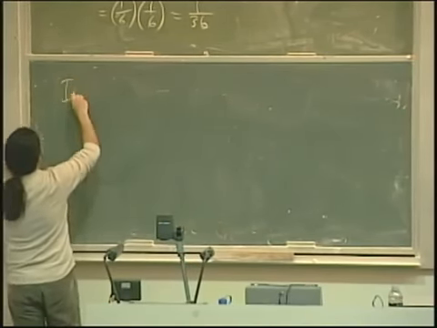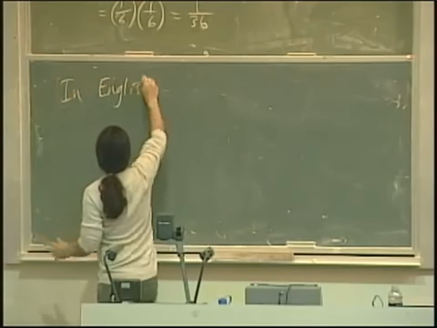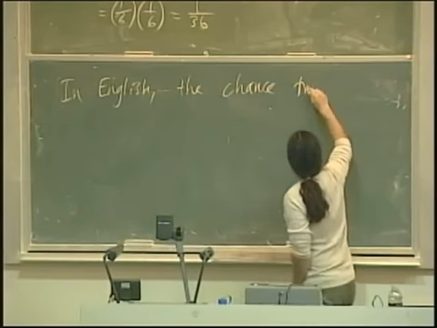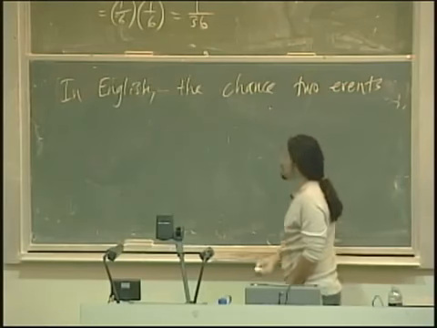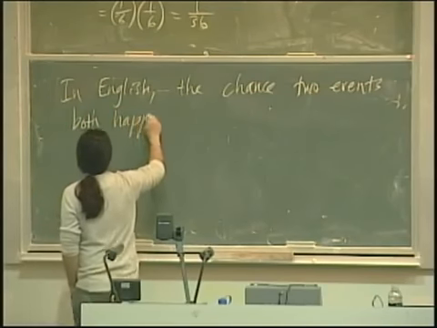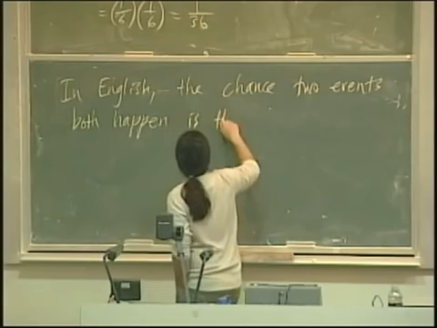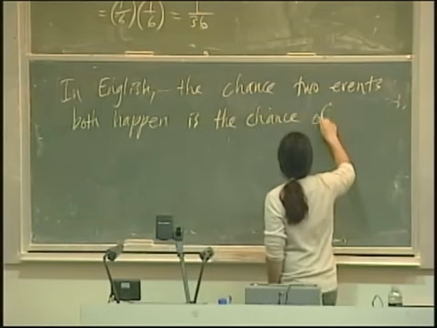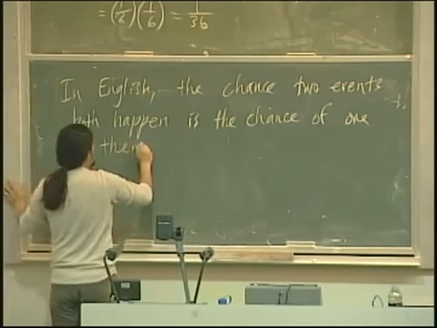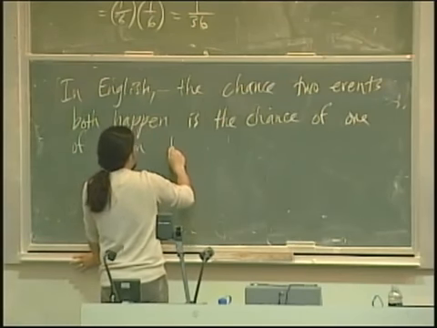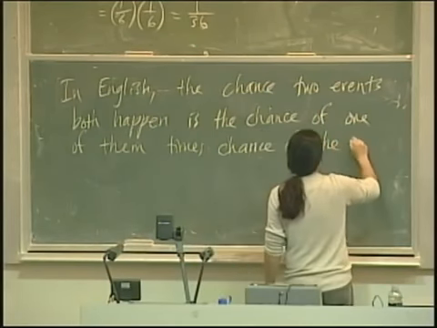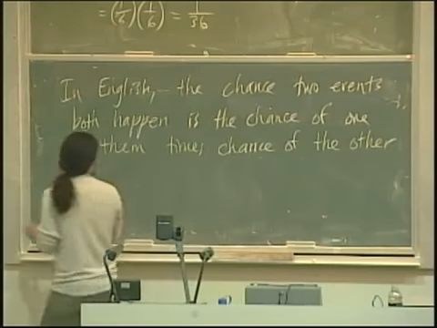So sort of in English, you might think of this as the chance that 2 events both happen is the chance of one of them times chance of the other given that the first happens.